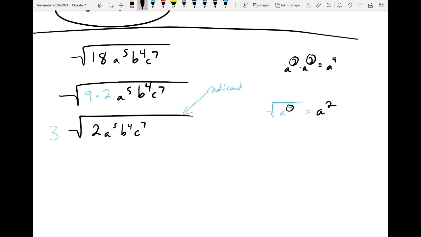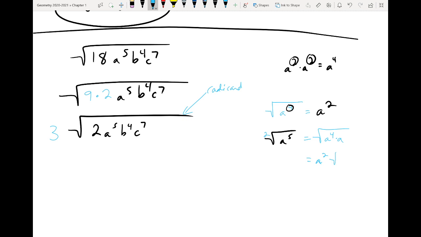Same deal is happening here. Let's take the square root of a to the 5th, b to the 4th, and c to the 7th. Well, again, remember this little magical 2 that's here. Think about this. This is the same thing as a to the 4th times a on the inside, right? A to the 4th times a, this is like a to the 1st. That would give us a to the 5th. The square root of a to the 4th is a squared.